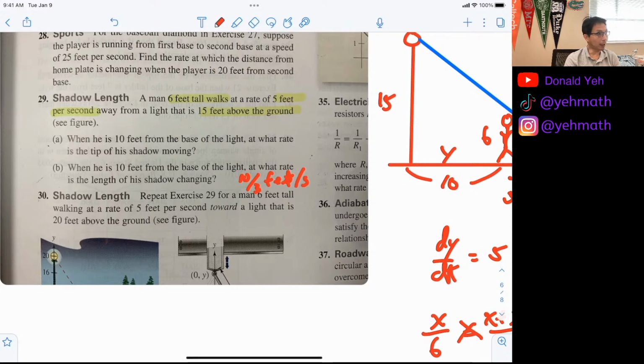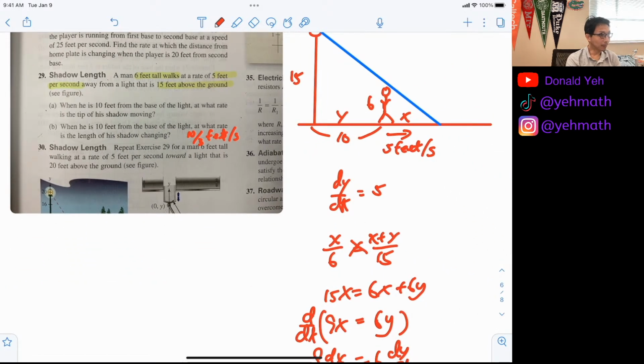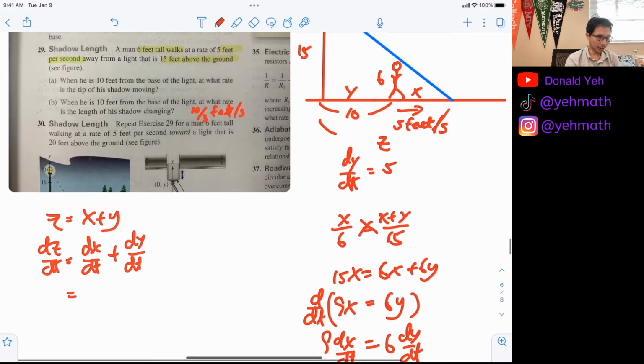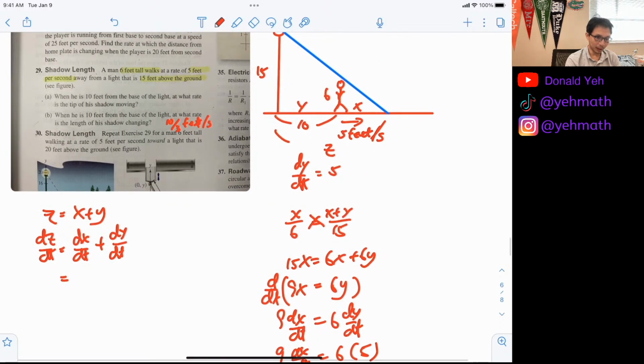Anthony, can you tell me how to do A? This is z, which is from the lamppost to the tip of the shadow. z equals x plus y. dz/dt is equal to what? dx/dt plus dy/dt. dx/dt is 10 over 3 plus 5, so it's equal to 25 over 3 feet per second.